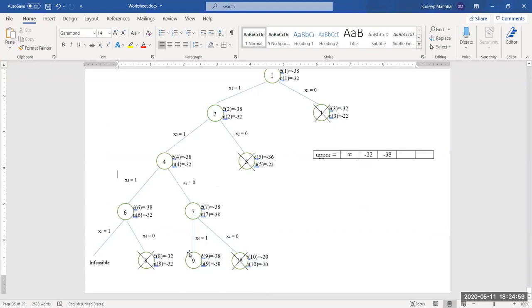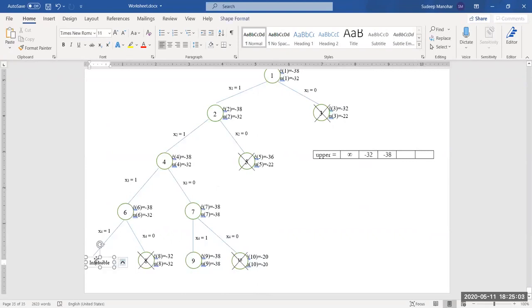We can consider it as the solution because we have completed all the levels. Mark this as solution.